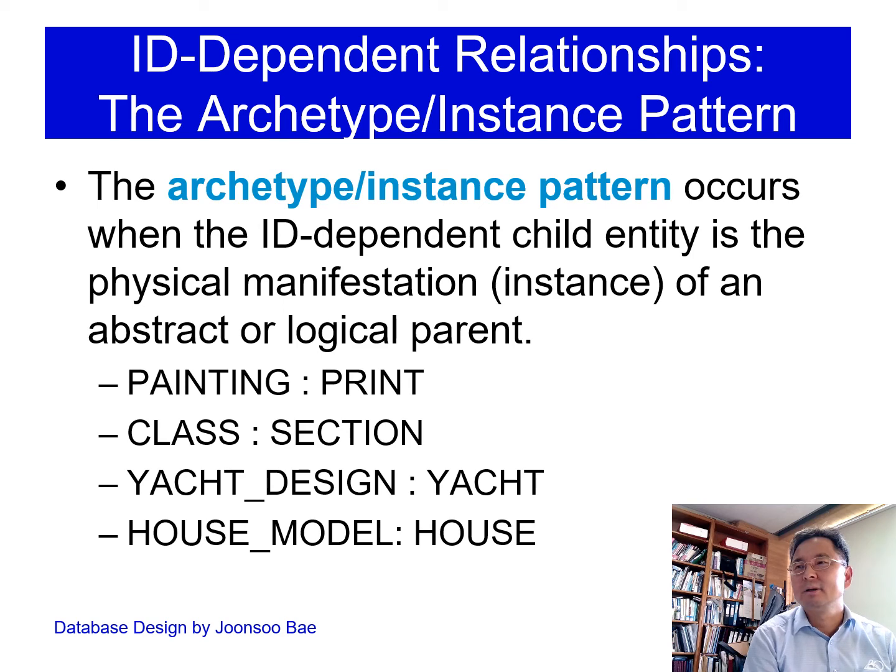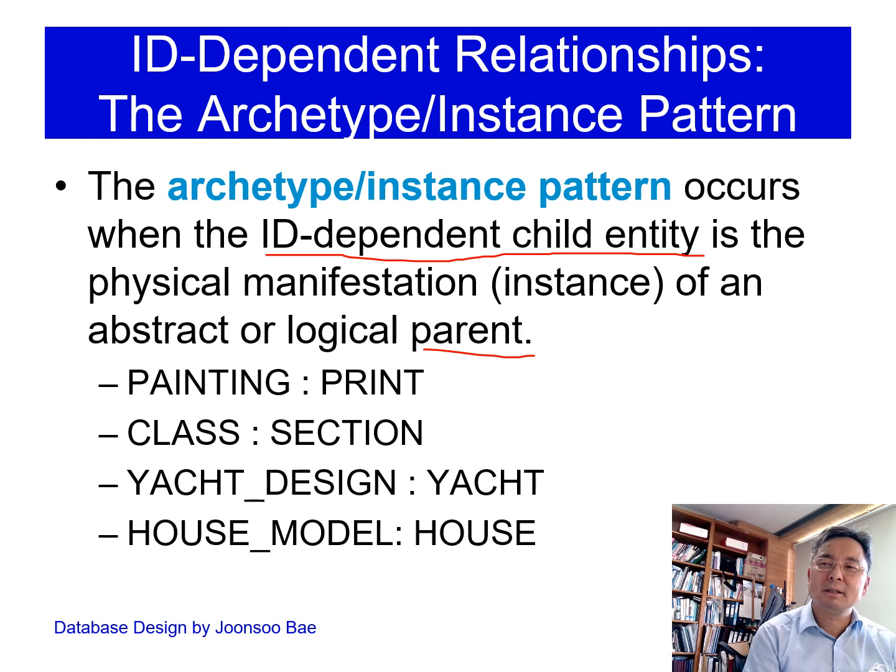Okay, so the ID dependent child entity is a physical manifestation of the logical parent. As we have seen, painting and Mona Lisa, print copy, class and sections, house model and the house.